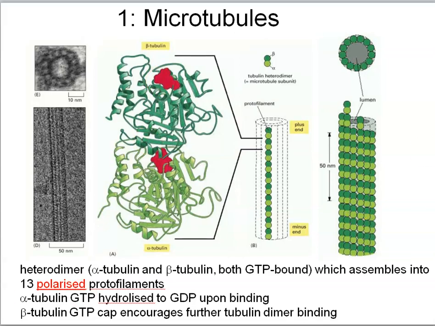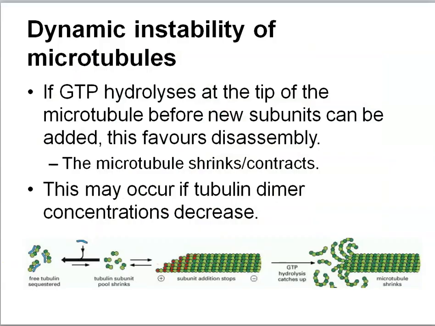Now we then get incorporation of a tubulin heterodimer at the end of this protofilament, and this GTP bound beta tubulin, that presence of that GTP helps further addition of other tubulin heterodimers, creating what we call a tubulin GTP cap. So this GTP cap is crucial for extension of microtubules.